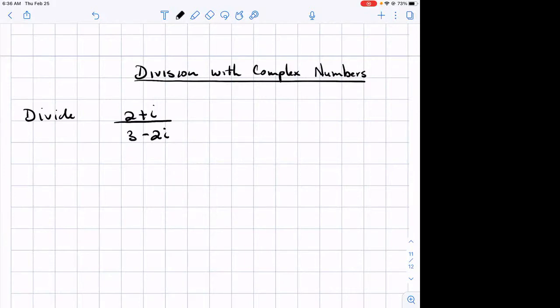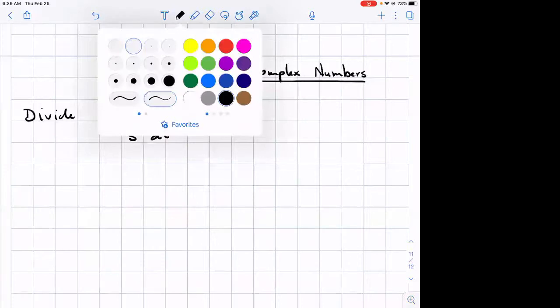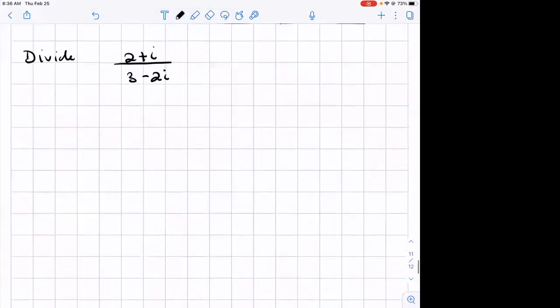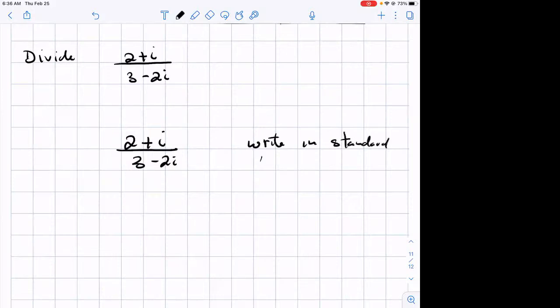In this case, and you have seen this before, we multiply by the conjugate. So try to write 2 plus i over 3 minus 2i in standard form, which is a plus bi, the real and the imaginary.